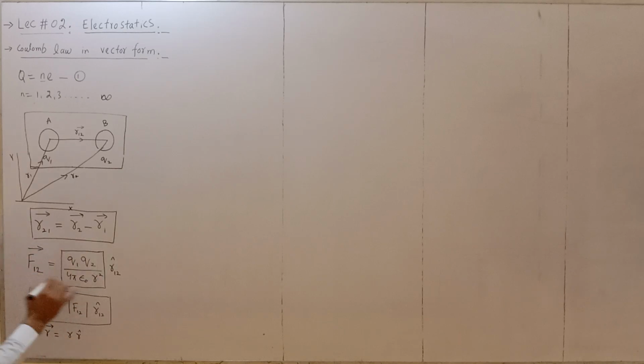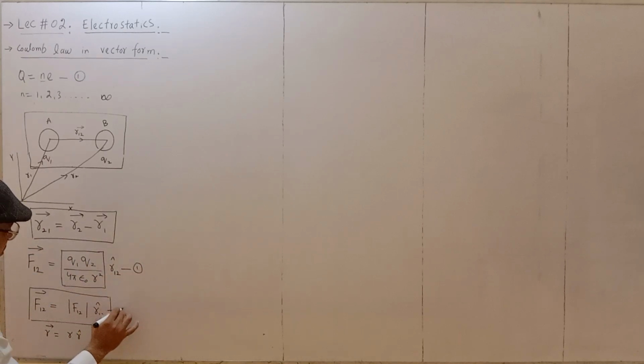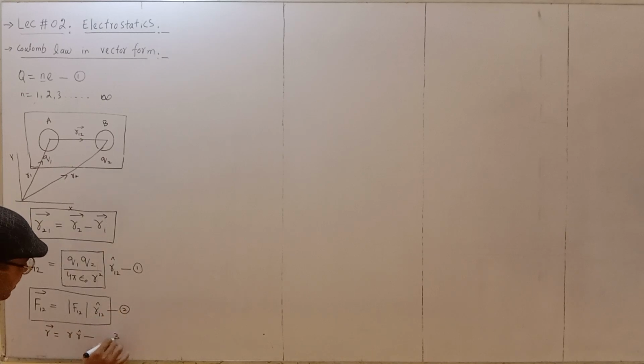I give this equation number 1, this equation number 2, and I name this equation number 3. When I calculate the unit vector, the vector is divided by its magnitude.